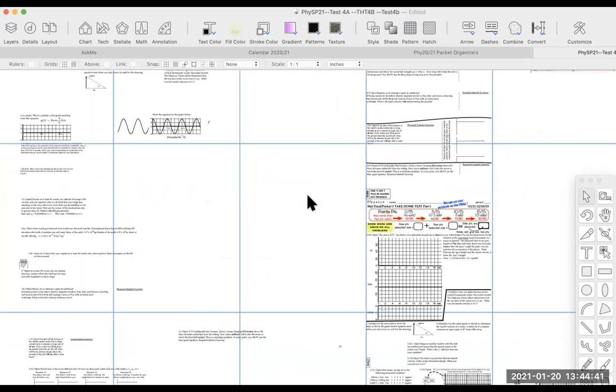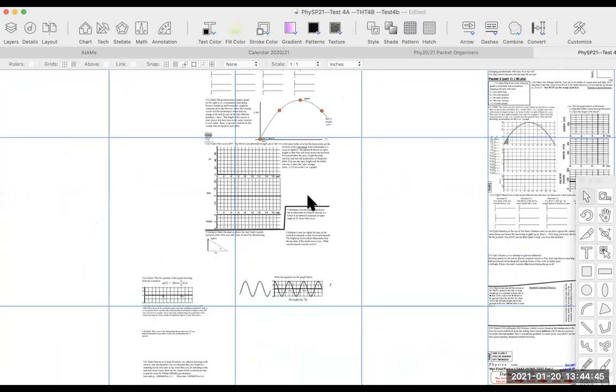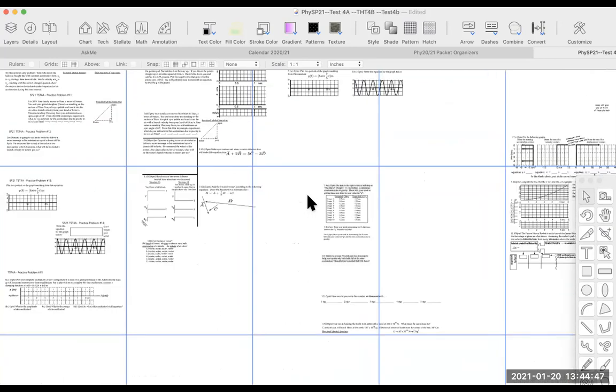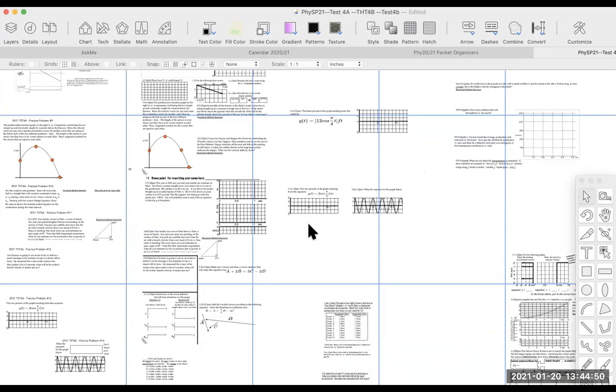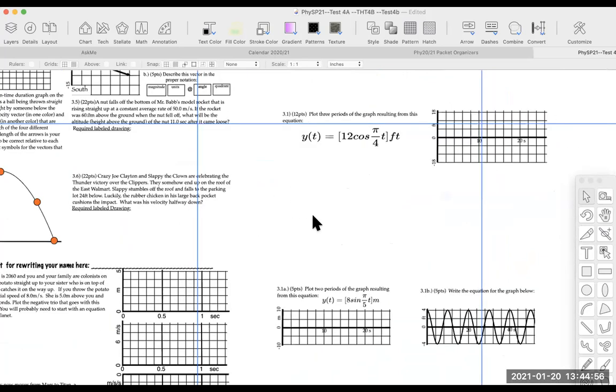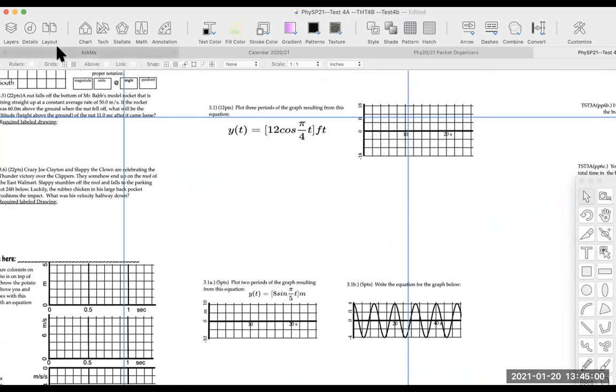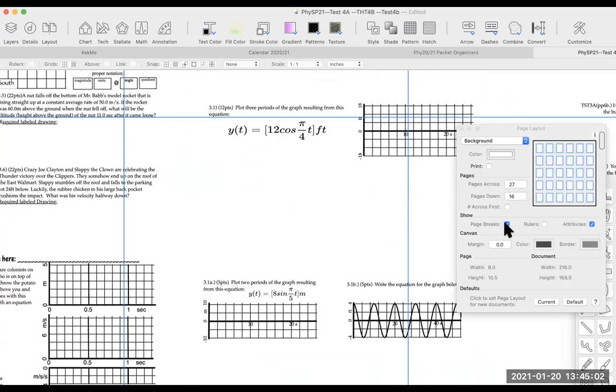I don't want this one. Oh, here it is. Okay, let's do this one. Let me zoom in on that. This one we did in class. Let me blow it up so you can see it.